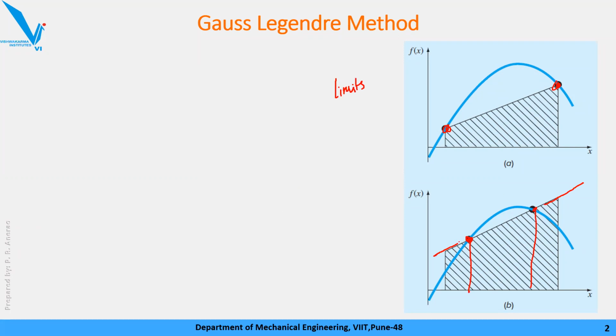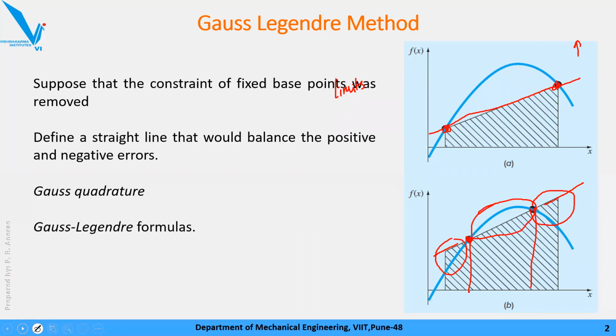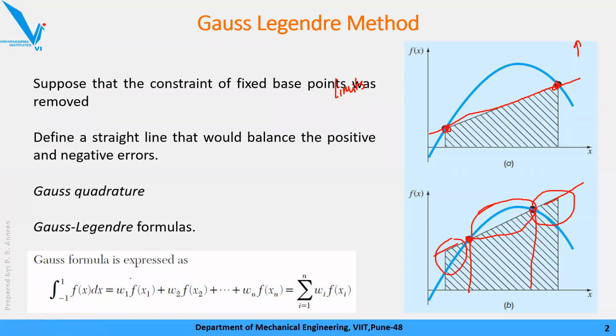So what we are doing here, we are shifting this line such that precisely the positive error and negative error try to balance each other. Okay, and that is nothing but Gauss quadrature, the method of Gauss quadrature, and it works with the Gauss-Legendre's formula or Gauss formula, where the integration of function f of x over the limit -1 to 1 can be calculated using this weighted formula.